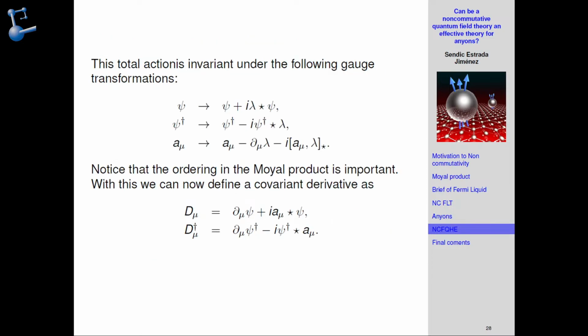This total action is invariant under the following gauge transformation, with the Moyal product. Let us define a covariant derivative in this way, D_mu and D_mu dagger.